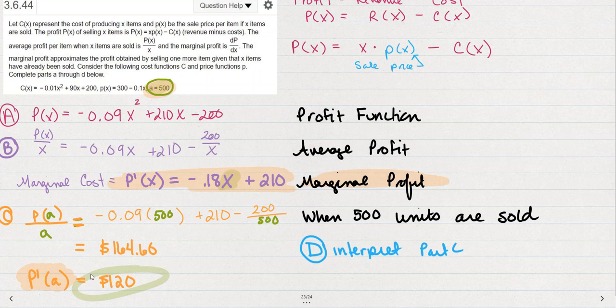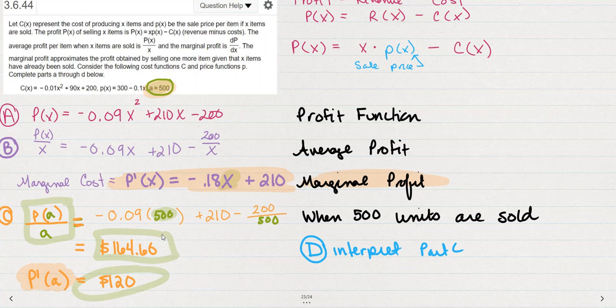This last part is a part that you just have to be able to interpret, well, what does this mean? So interpret the meaning of the values obtained in part C. What we have here is that the average profit, part C tells us that the average profit for 500 items comes to $164.60.